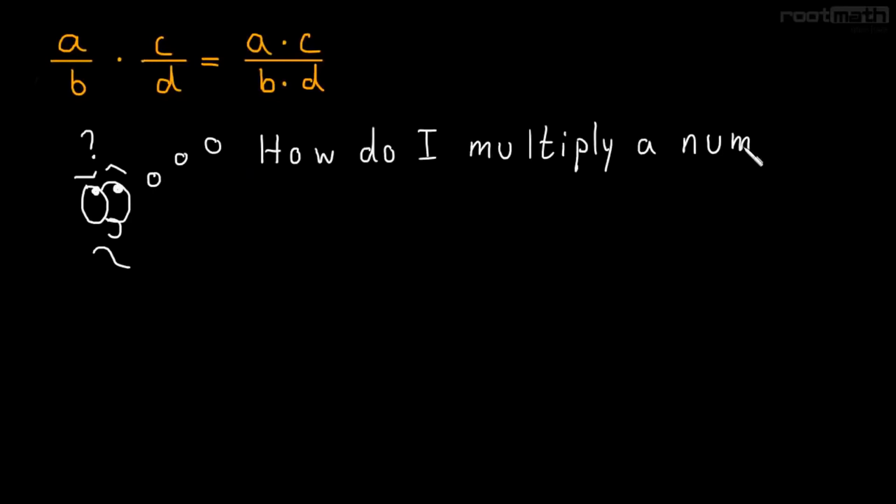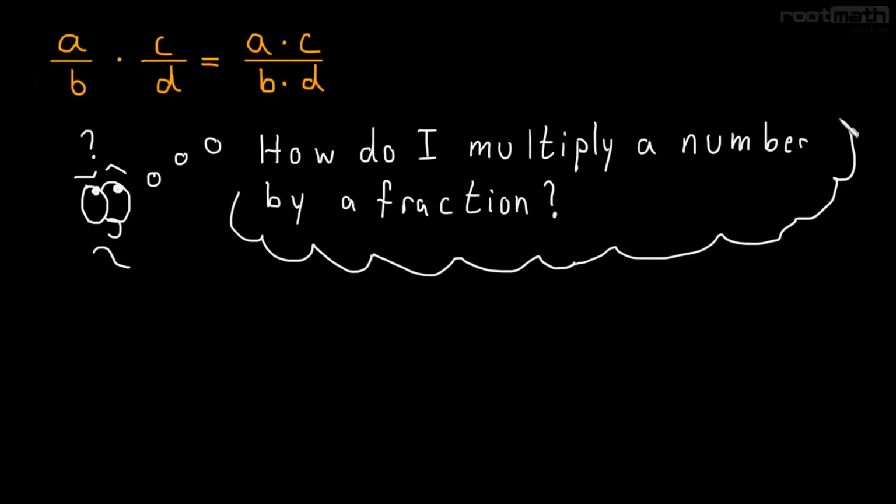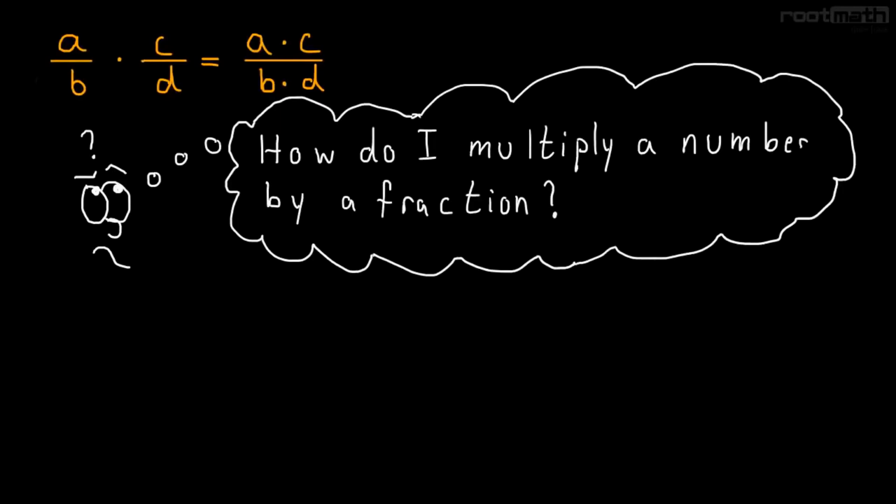And that question is, how do I multiply a number by a fraction? We know how to multiply fractions by fractions, but let's see an example of multiplying just a number, an integer, by a fraction. So for example, 7 times 2/3. Well, the key to doing this is just to remember that 7 is equal to 7 over 1.